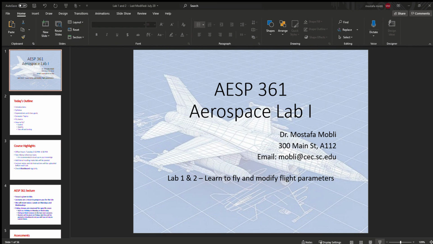In both Lab 1 and Lab 2, you learn how to use a flight simulator, and it is set up in a way that resembles real flight. So the goal is for you to become familiar with real flight and how to control the different parts of an aircraft, the main parts of an aircraft, if you will.